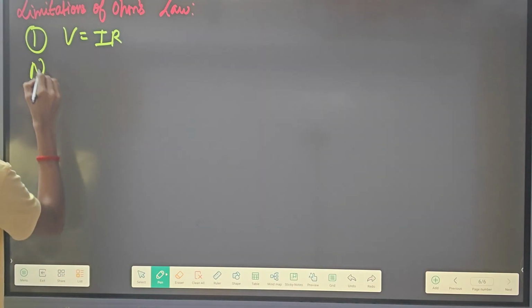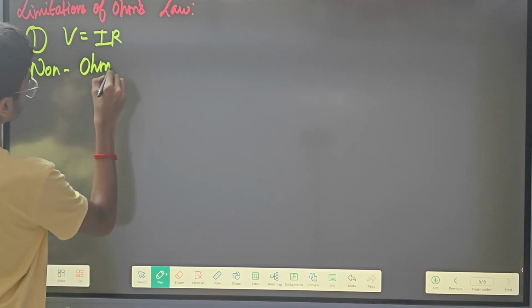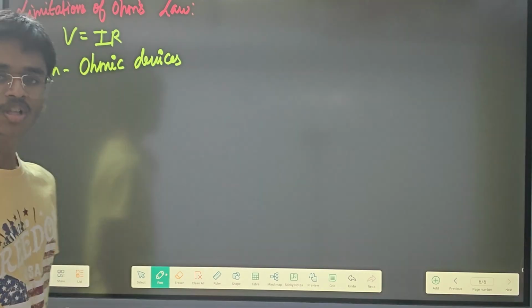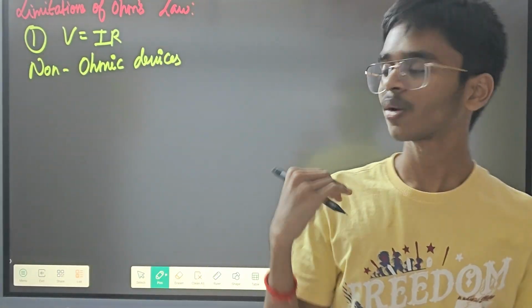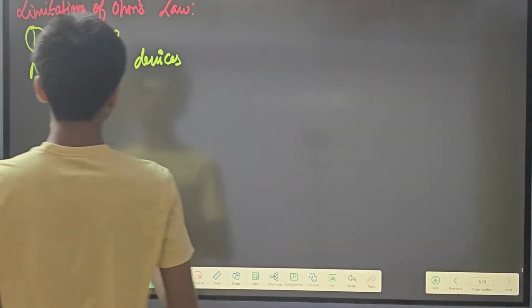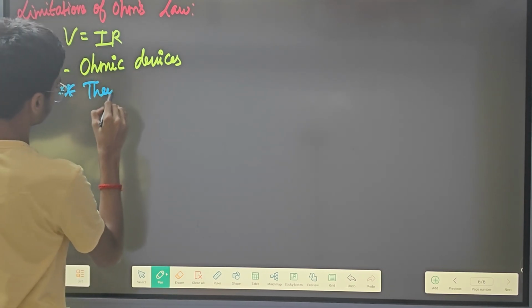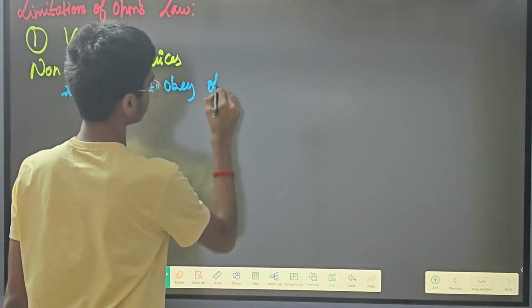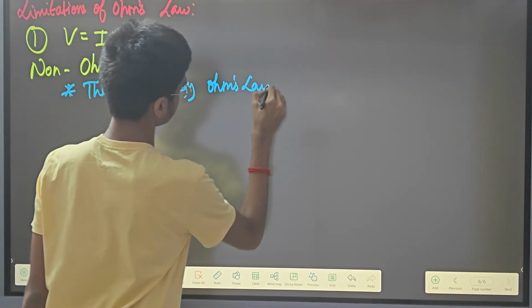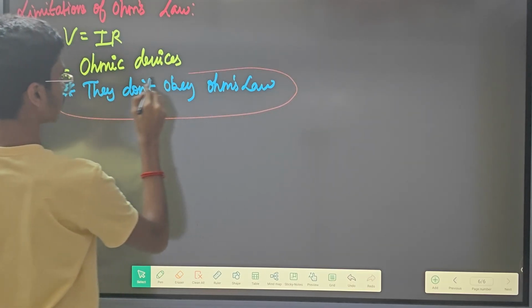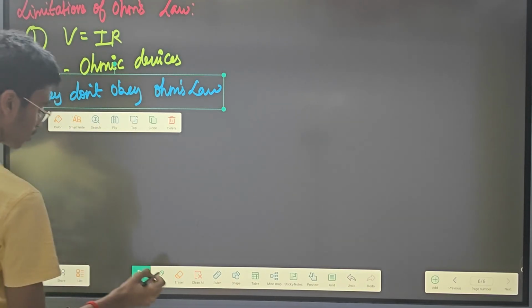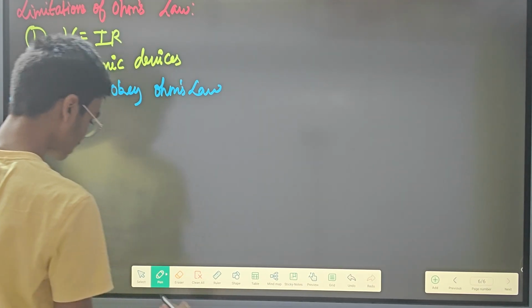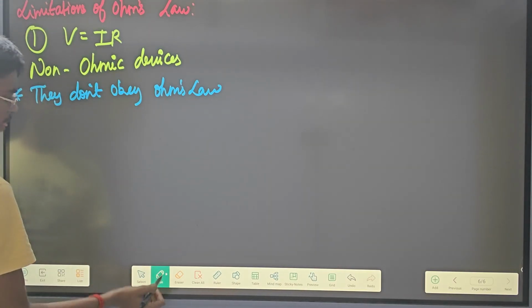The devices which do not obey Ohm's law are known as non-ohmic devices. Very best examples are semiconductors.